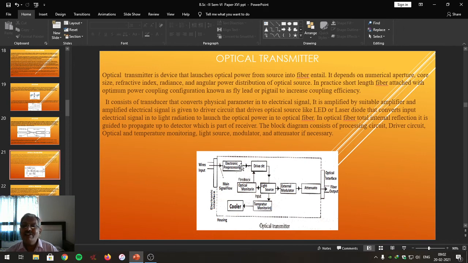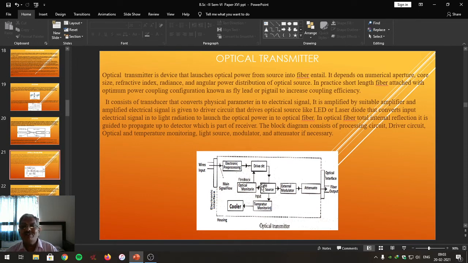After amplification and modulation, the electrical signal to be communicated is given to the driving circuit. The driving circuit is capable of changing the bias current of the optical source, that is the light source. That means here the modulation of the light radiation emitted from the light source, maybe it is an LED or laser diode, takes place.